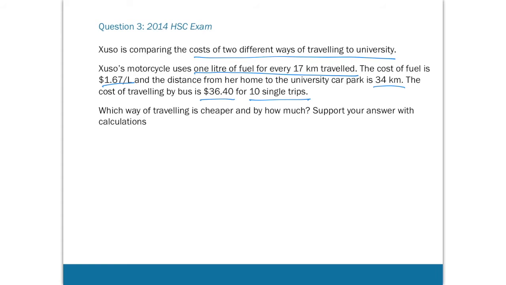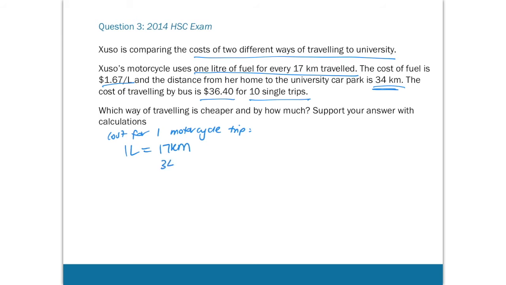So let's work out the cost for one motorcycle trip. The distance from her home to the university car park is 34 kilometres, so that's the distance that she travels on the motorcycle. We know that 1 litre gets us 17 kilometres, and 17 times 2 is 34.